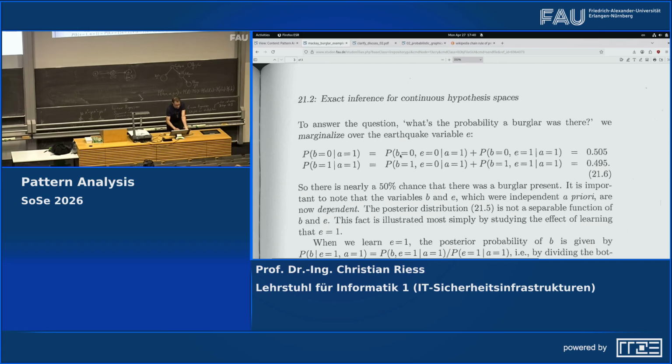What we have is the probability that there was no burglar and there was no earthquake, given the alarm was raised, and the probability that there was no burglar, but there was an earthquake, given that the alarm was raised.